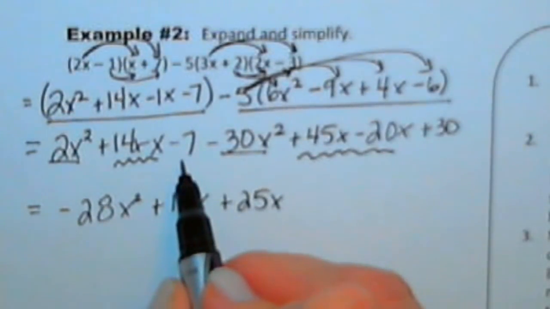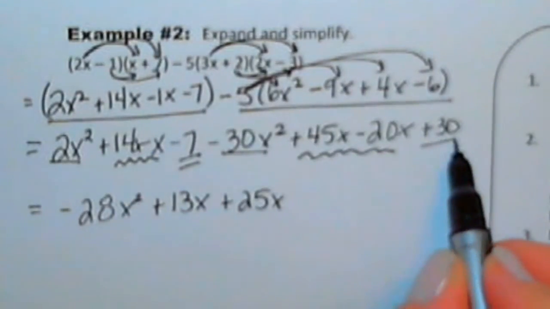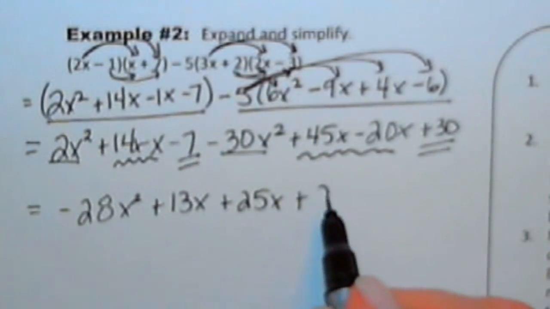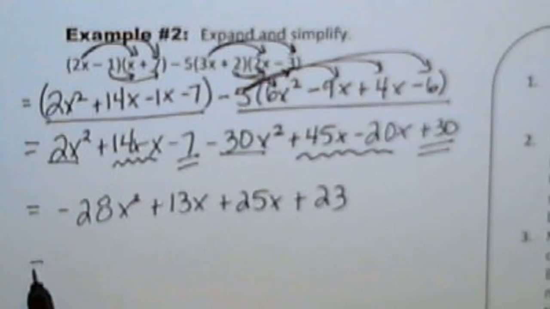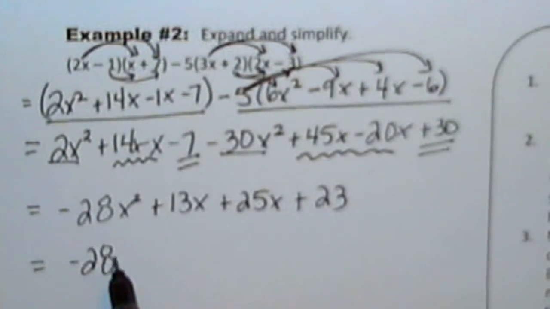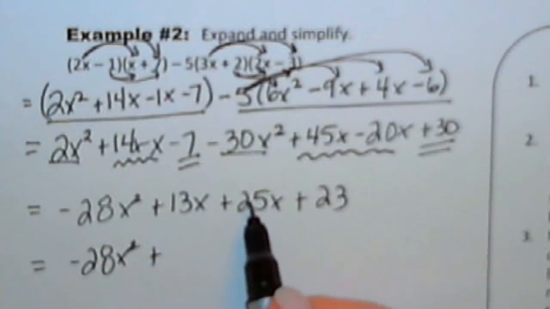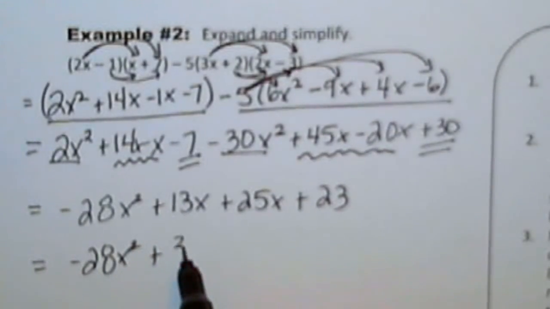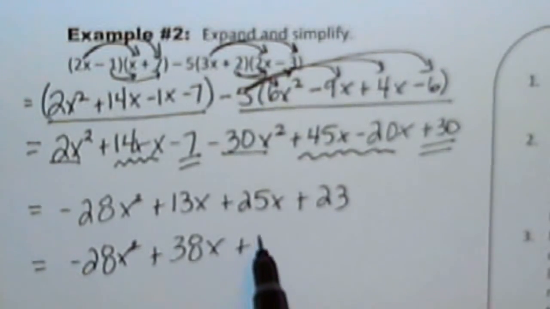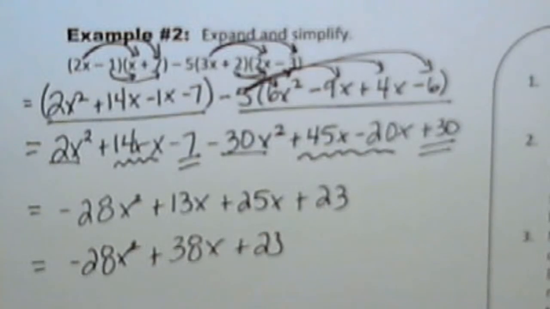And then at the end I can see that I've got a minus 7 and a plus 30 is plus 23, and negative 28x squared plus 38x plus 23.